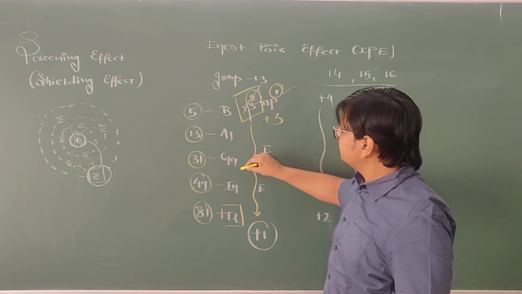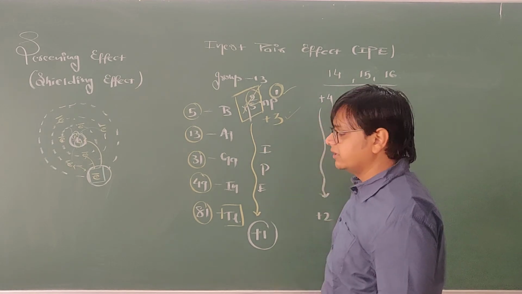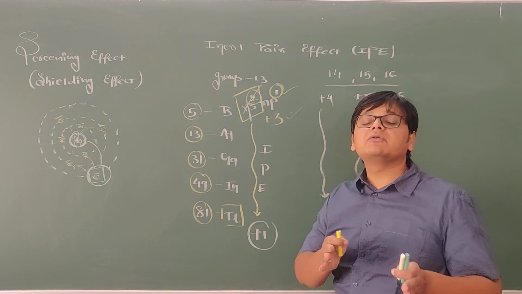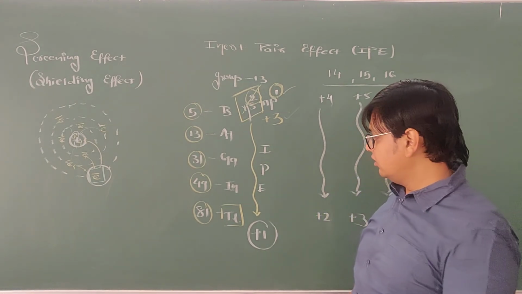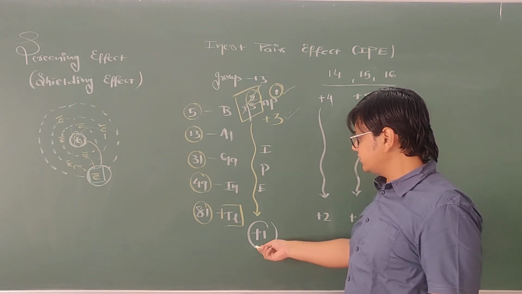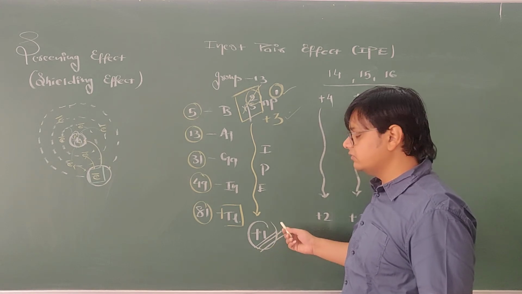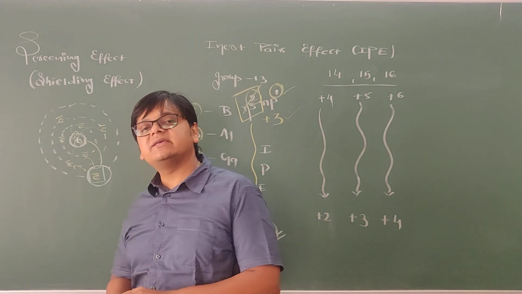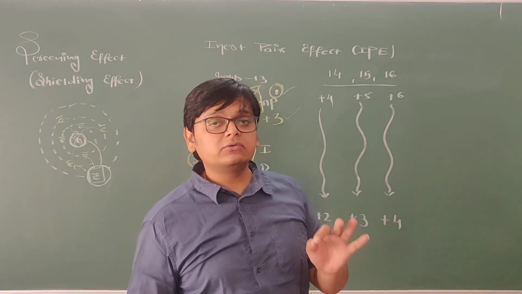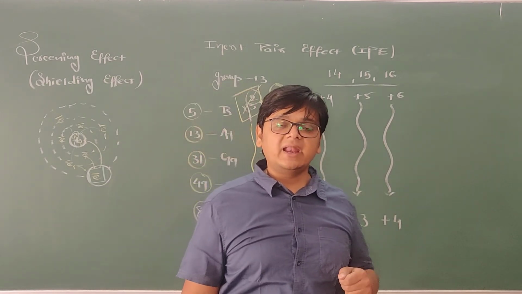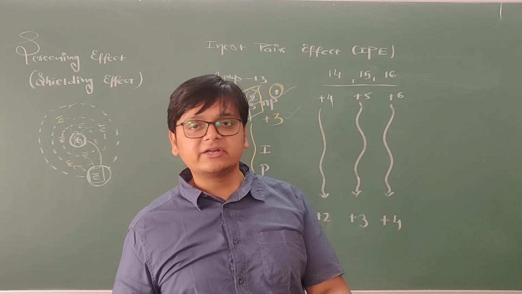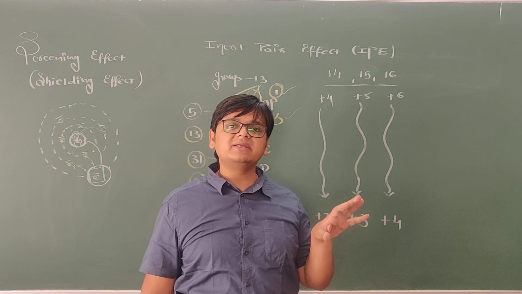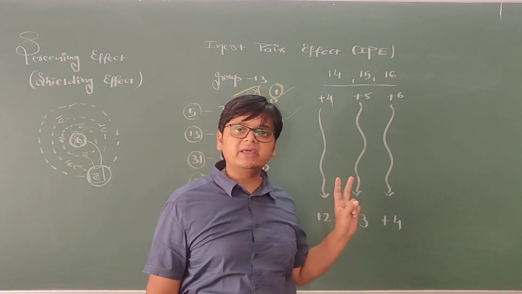For group number 13, the common oxidation state is +3 only, and it remains same throughout the group. But the stable oxidation state may vary. What should be the stable oxidation state for thallium? It is +1. So this is what we call inert pair effect. It is very important to decide some properties like electronegativity, reduction potential. So many properties can be decided on the basis of inert pair effect.